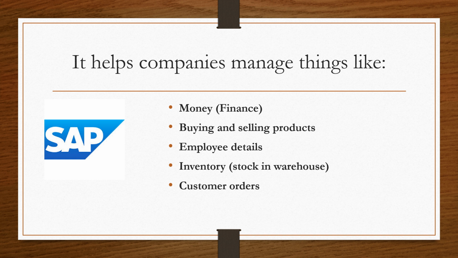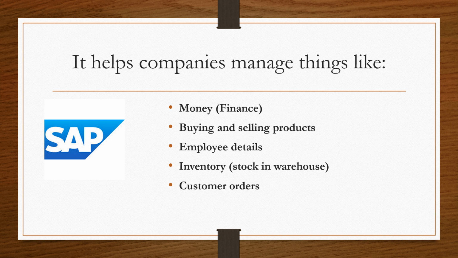Because in finance there are multiple possibilities. There are multiple columns in the table, which means there are multiple fields in finance. Finance is a very vast and extremely vast thing to discuss and to know, so SAP manages finance very well.